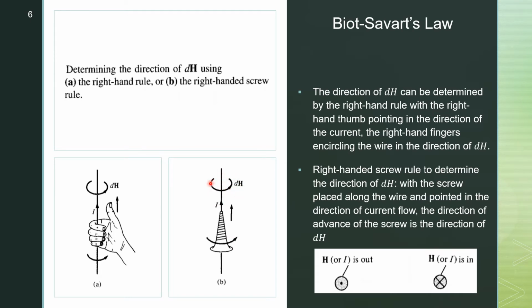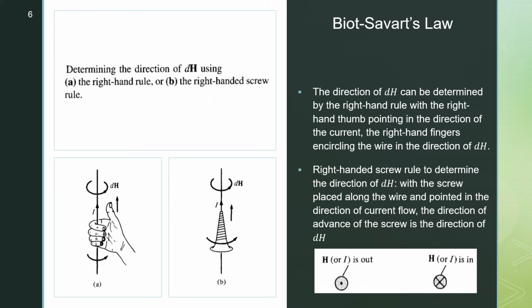So in order to determine the direction of dH, you can go with the right hand rule or follow the right-handed screw rule. If the magnetic field is out of the page, it is represented like this, a circle with a dot. And if the magnetic field intensity is into the page, then it is represented as a circle with a cross mark inside.